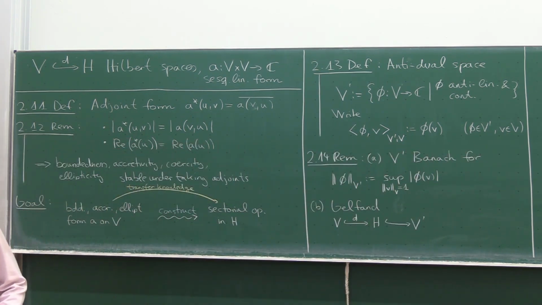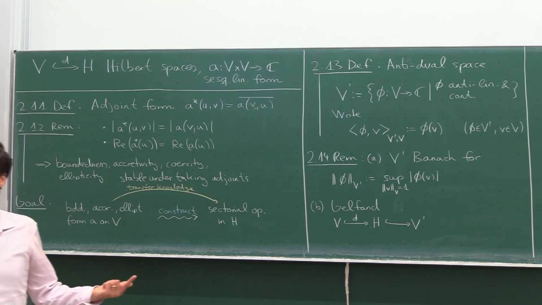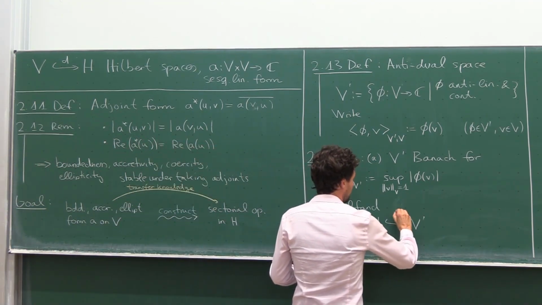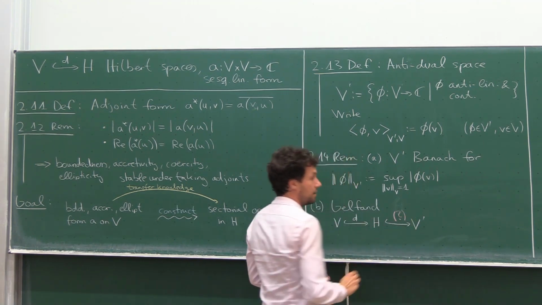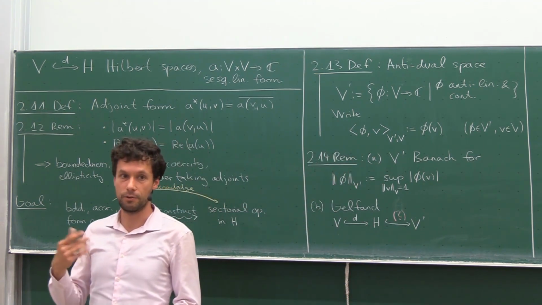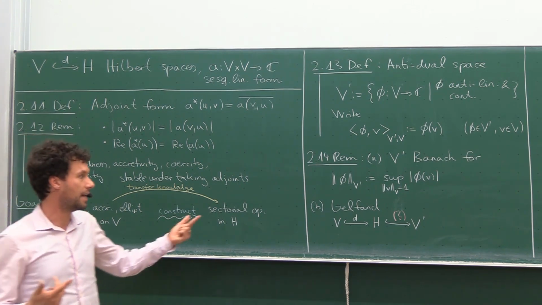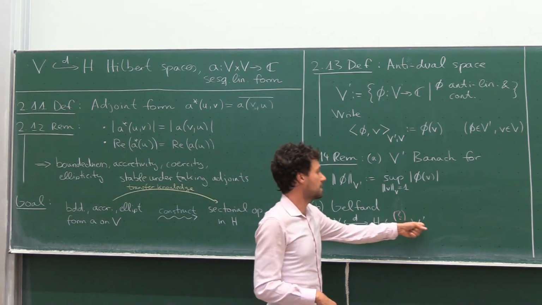And of course, at this point, you should say, stop. This is not obvious. I'm not done yet. I need to tell you how that works. How is it possible? And how exactly do we interpret the fact that the H sits inside of V prime?